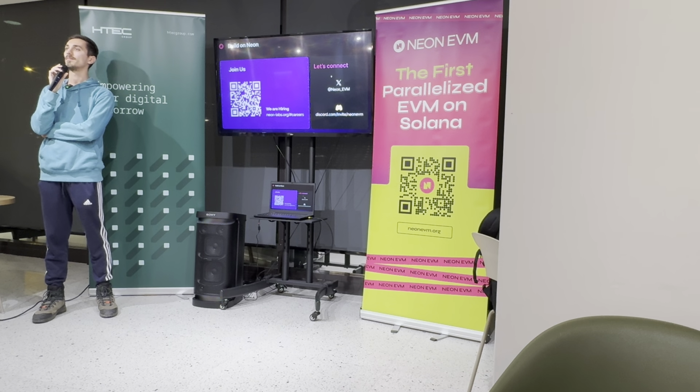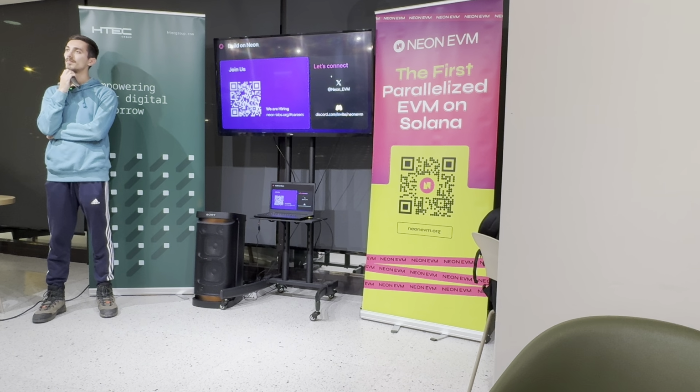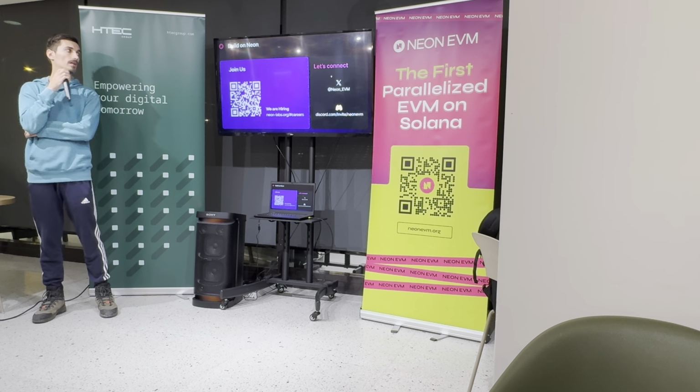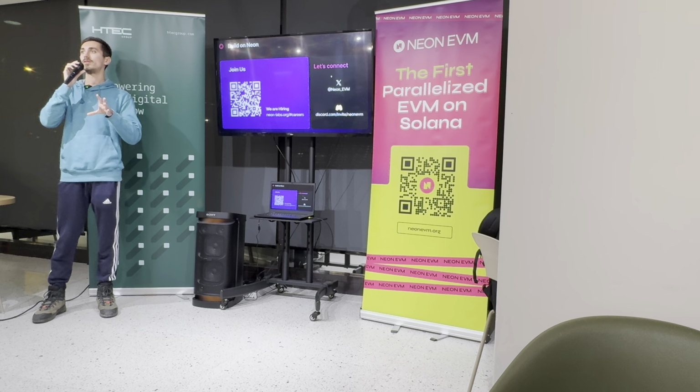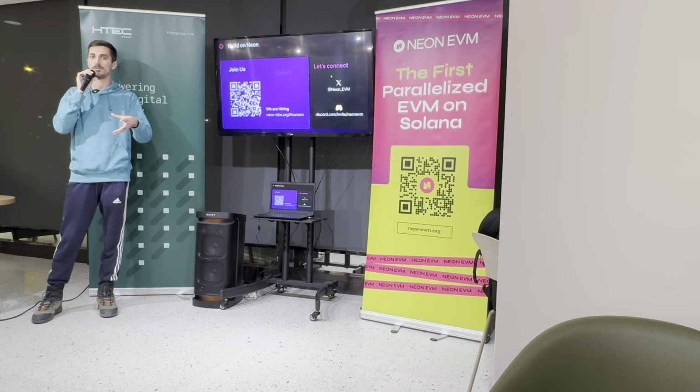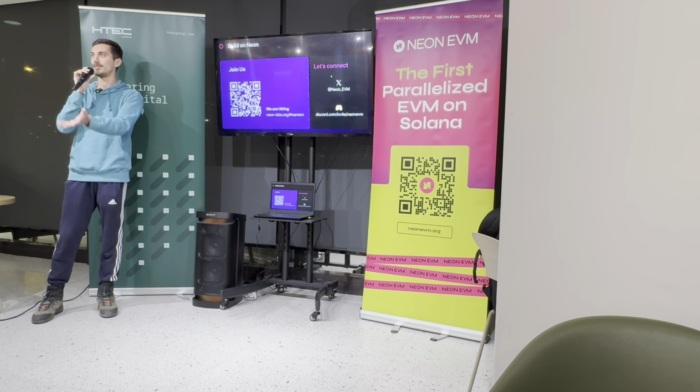But if I want to have a transaction that alters the state, do I have to know the storage slot as a user, or does the Neon relay solve that problem? Anyone can call Neon EVM, a Solana program, directly, but it's very low level. It has some very low level operations that are very hard to interact with as an Ethereum developer.